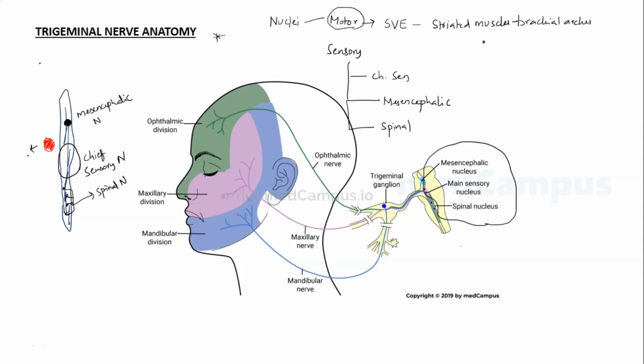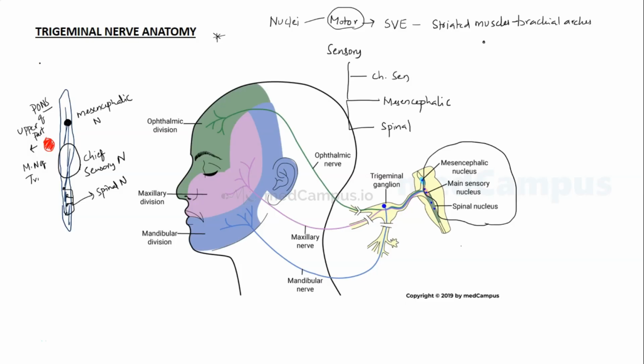Let's look at the location. The motor nuclei of trigeminal nerve is located in the upper part of pons. These are all brainstem nuclei, right? They are located within the brainstem.